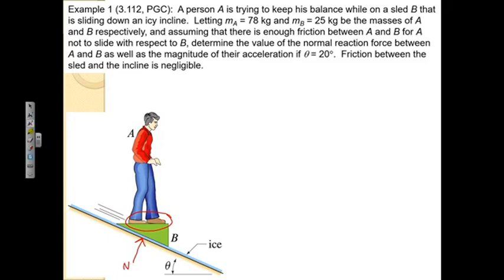One nice thing is that we know what this incline is. It's given as 20 degrees. So we essentially already know the direction of our acceleration vector. These two particles are going to track along this line.